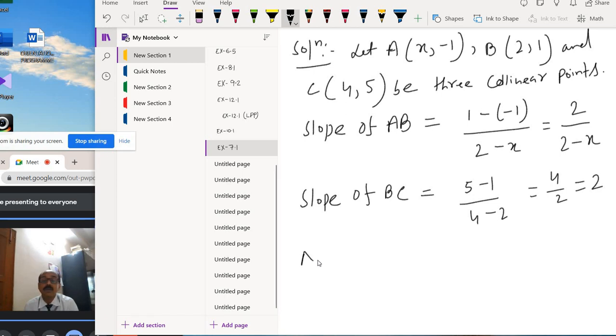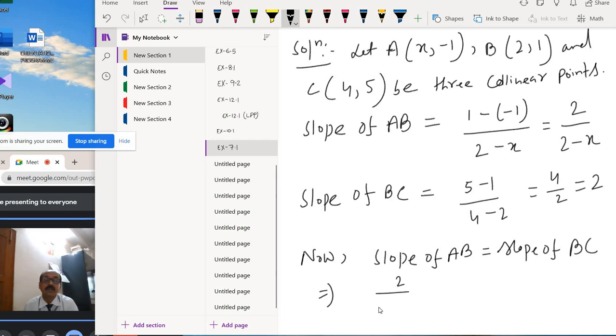Now slope of AB equals slope of BC. So 2 by 2 minus x equals 2.